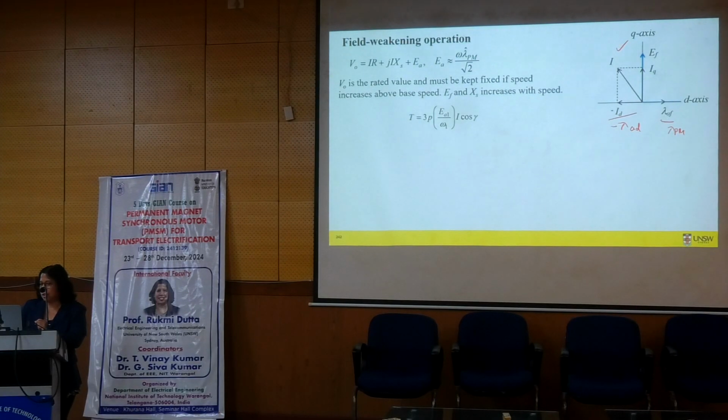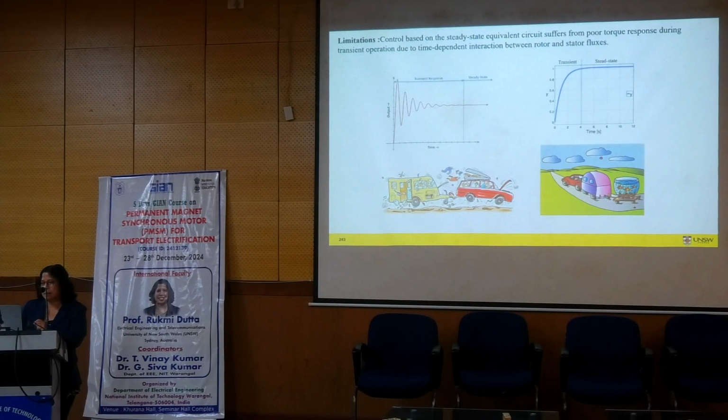So if we don't control the transient, this is what you can get, right? We want a smooth drive like this all the time, whether you are accelerating or decelerating. But if we are not controlling properly during this transient condition, if we use a P by F control or the current control based on steady state equation, we have no control during the transient. Okay, and in real world application, this is what will happen to your EV.